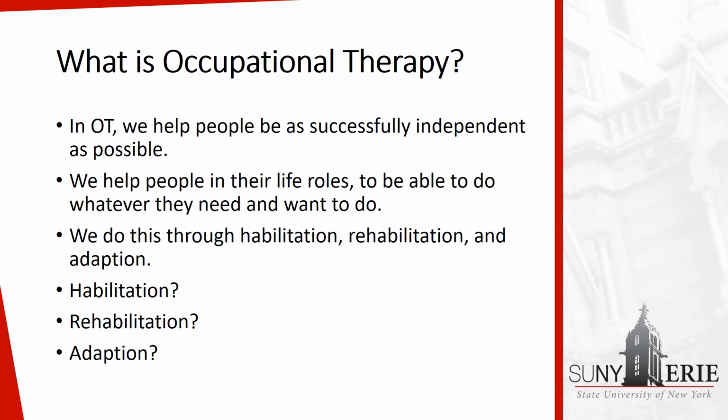If we can't really further grow someone's skill set or capability from either the beginning in habilitation or regrow through rehabilitation, we might adapt the physical environment by either architecturally adapting the physical space or offering adaptive equipment or tools to be able to independently, or as independently as possible, perform the tasks that they need and want to do.